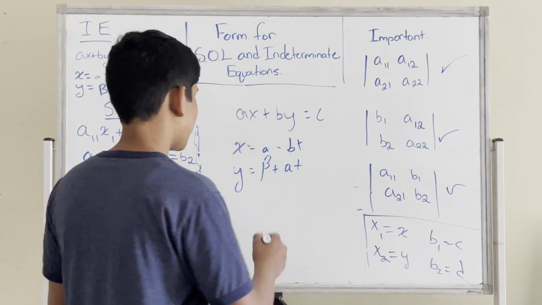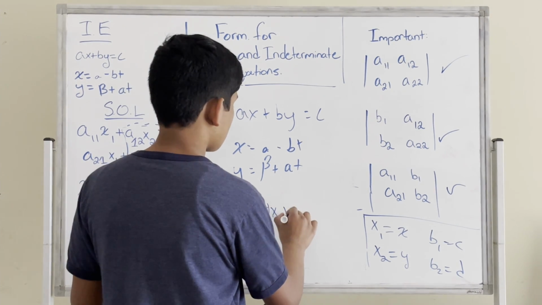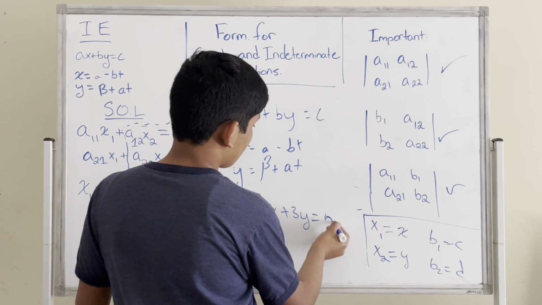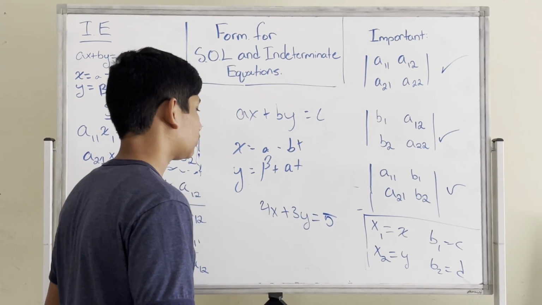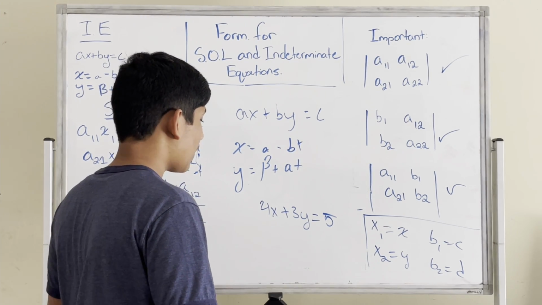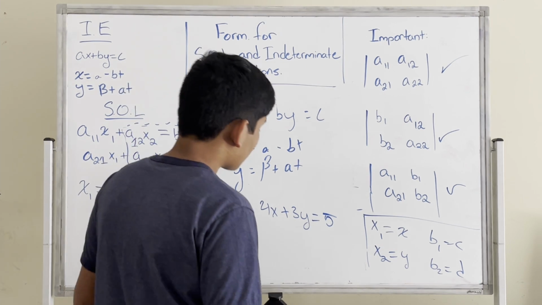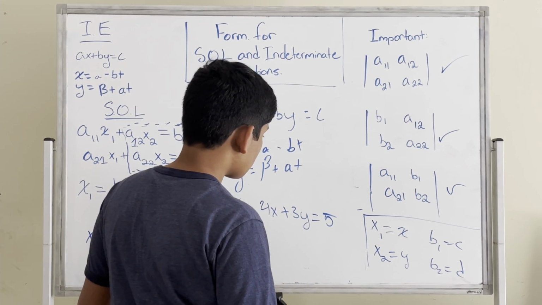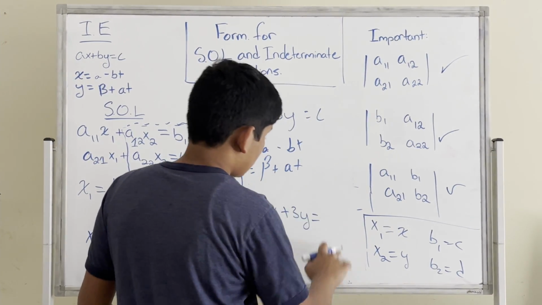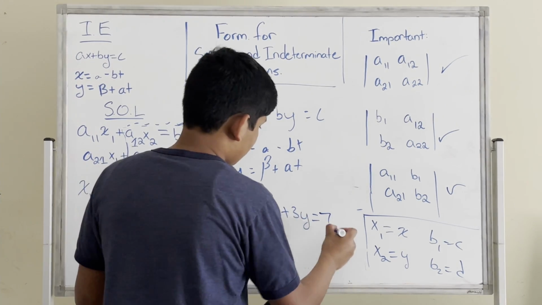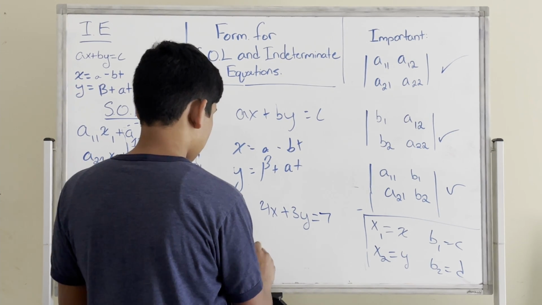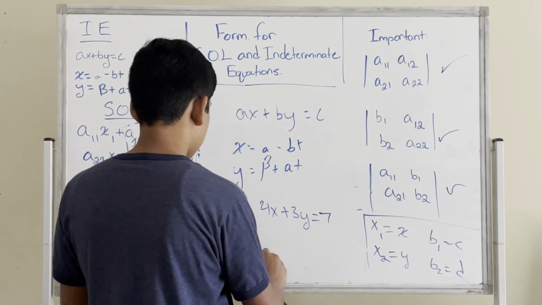Let's check. So we have 4x plus 3y equals 7. So let's find a solution to this. Well, let's do something like 7, because then we can just say x equals 1 and y equals 1, so we wouldn't have many fractions.